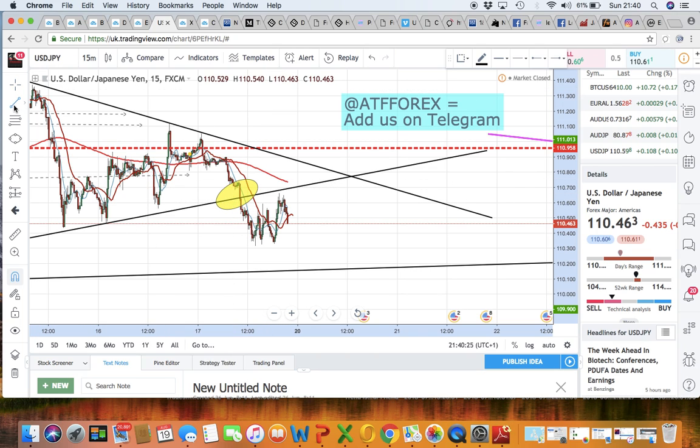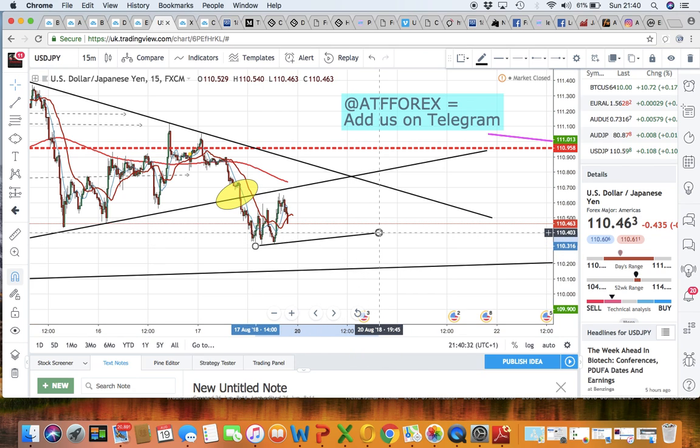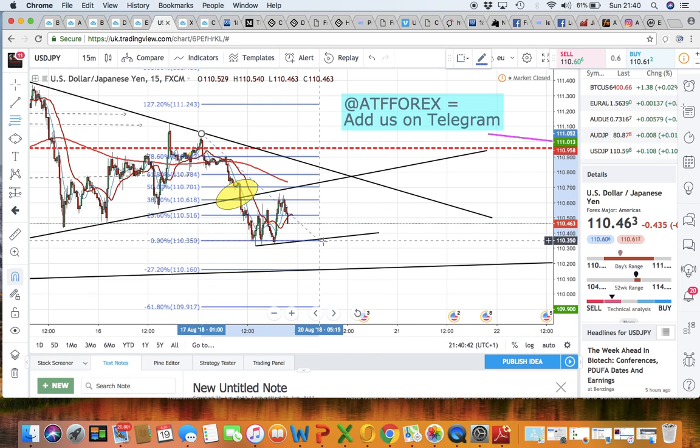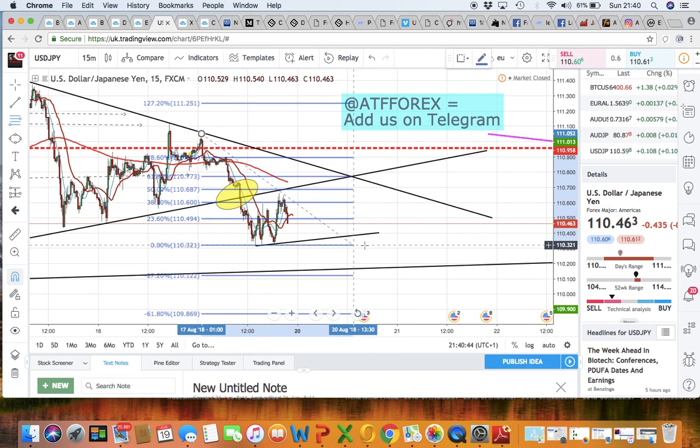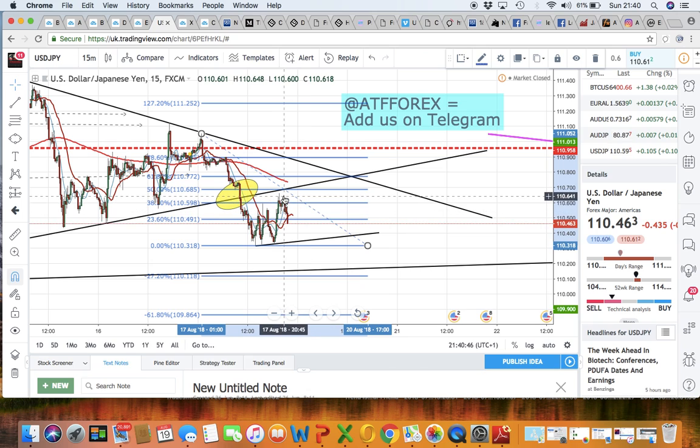Now, looking at a more recent setup, let's see where we are. We've got a trend line there. We'll get the fib on. So from A to B. We've had a bit of a reversal in between the 38 and 50% fib.